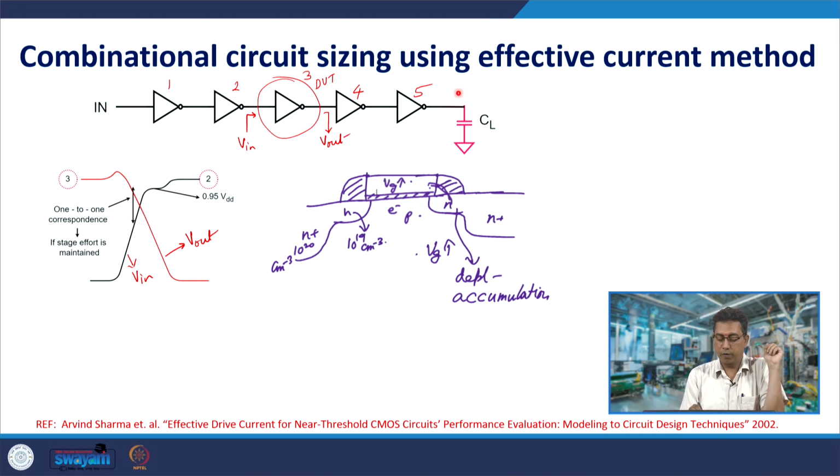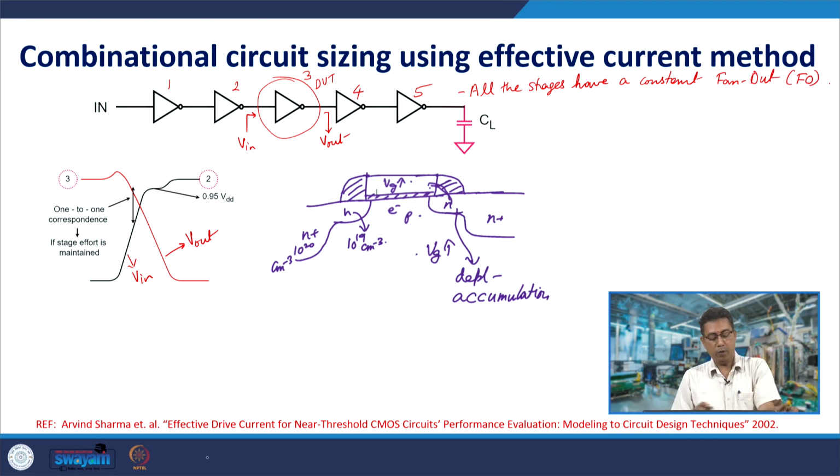Here all the stages have a constant fan out. While we have this constant fan out for all the stages, we can make an important observation: there would be a one-to-one correspondence between the input and output voltage values.